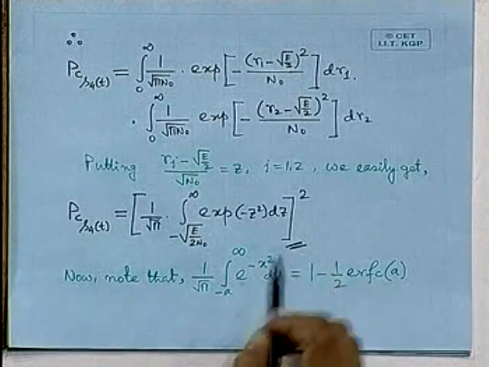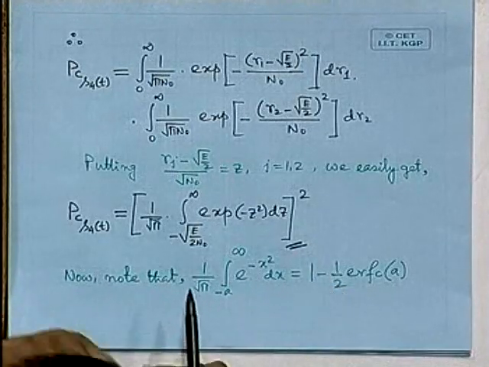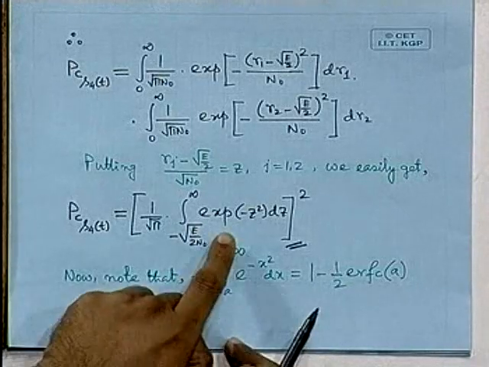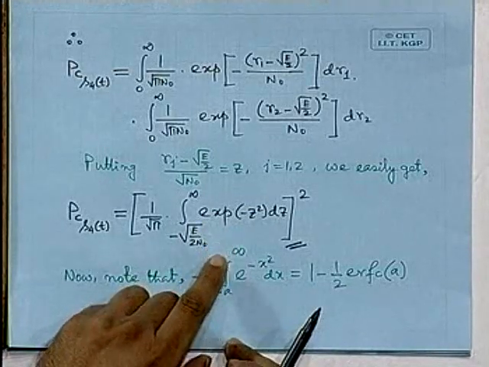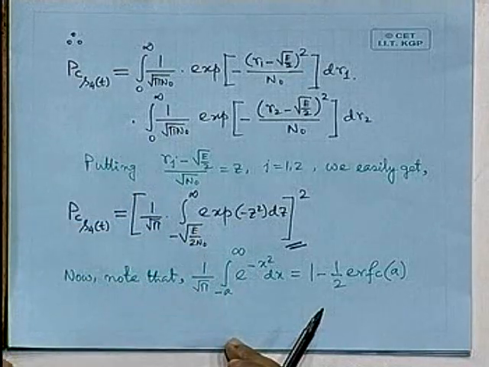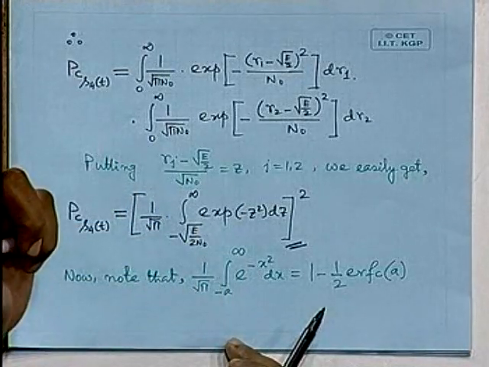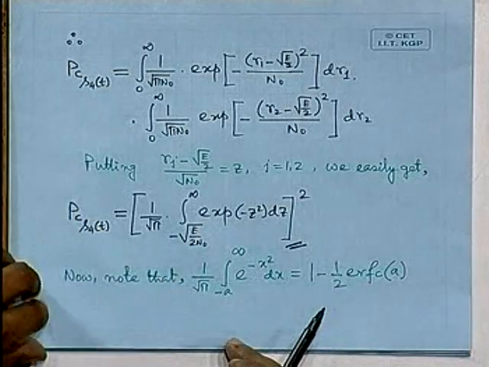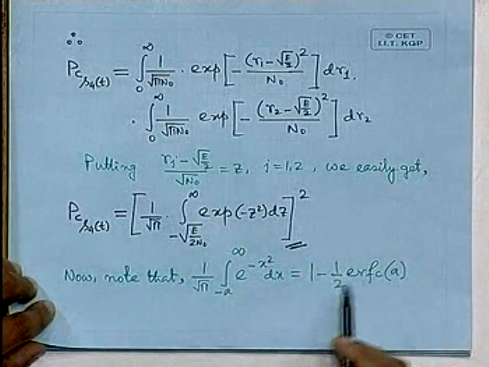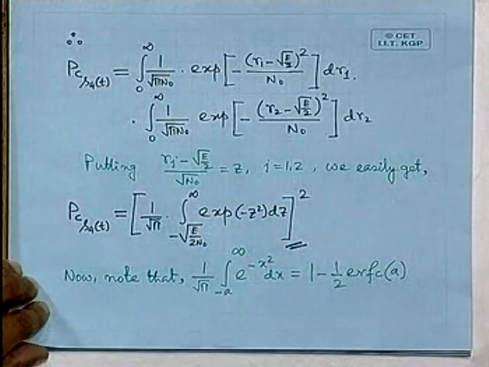Now, I should not have shown you this, but from this expression, whenever you have an integration from a to infinity of e to the power minus z square dz, you have to recollect that there is a complementary error function associated here. We can express it better in terms of that. So here this expression can be put in terms of the complementary error function.